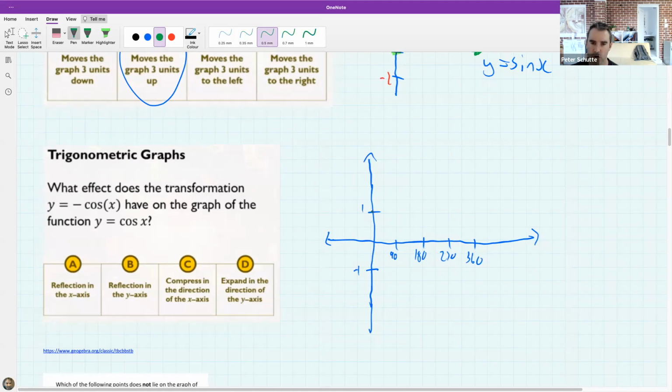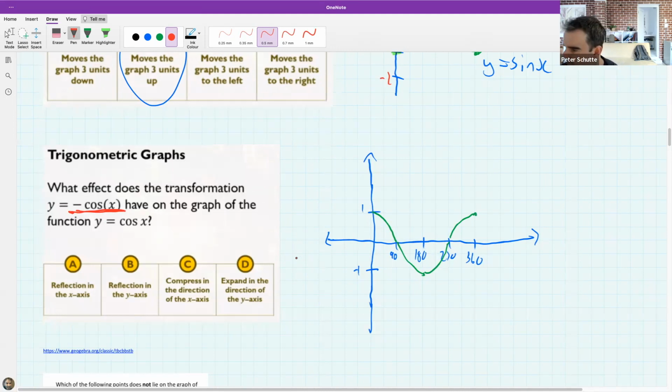We know a normal cos graph looks something like that. That's a normal cos graph. But we want to know, what does this thing do when you compare it to the normal cos graph?